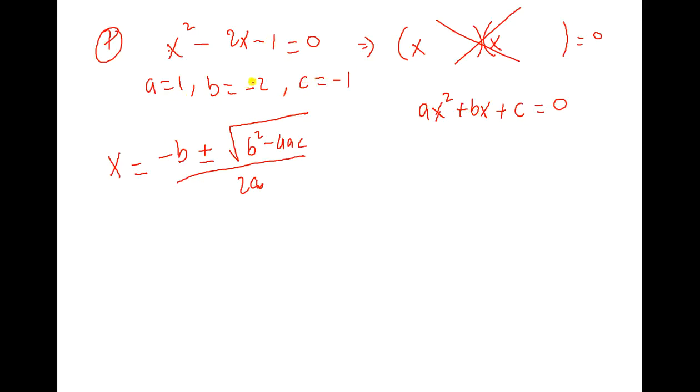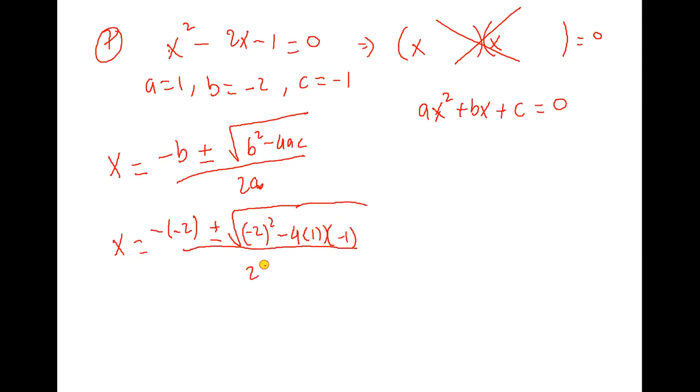Now I have a, b, and c. I go ahead and plug them into the formula. So minus b, which is minus of minus 2, plus or minus the square root of b squared, which is minus 2 squared, minus 4, a is 1, c is minus 1, and then over 2a, 2 times 1.